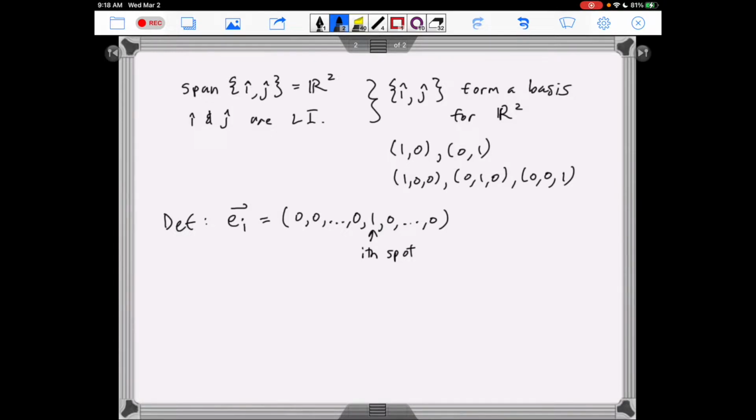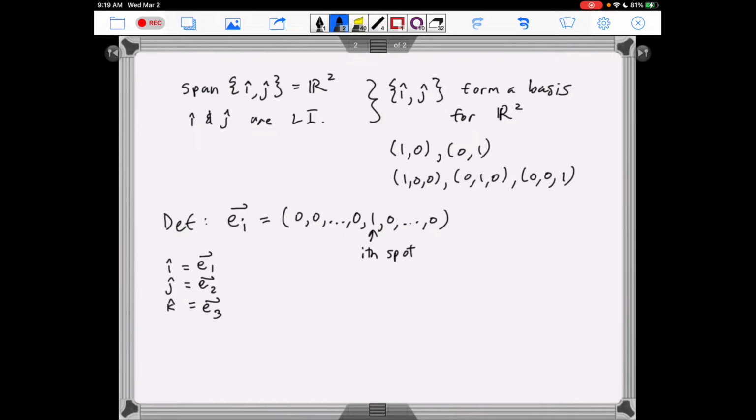That means that another symbol for i is e1, and another symbol for j is e2, right? And if we were in R3, the symbol for k would be e3. But of course, if you have higher than R3, like if you're in R4, then you have 4 of these. If you're in R5, you have 5 of these.